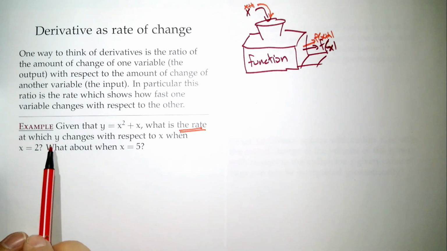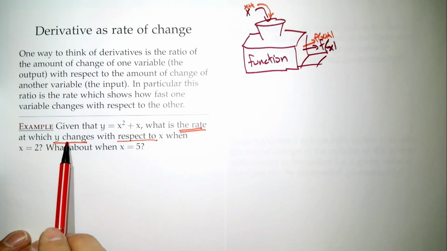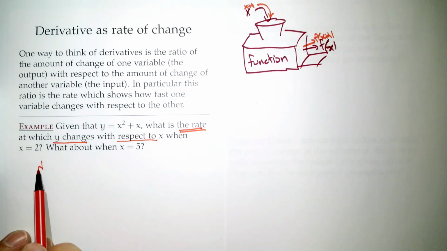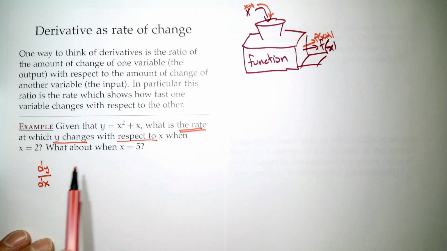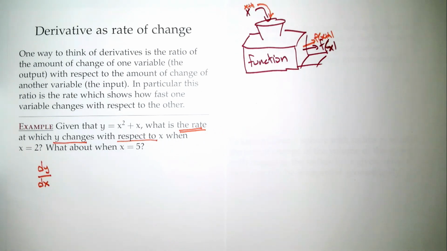Now you have y changes with respect to x. So I want to talk change in y, which is dy, and with respect to means dx. So this phrase, the rate at which y changes with respect to x, our notation says dy dx. So really it's asking about the derivative.